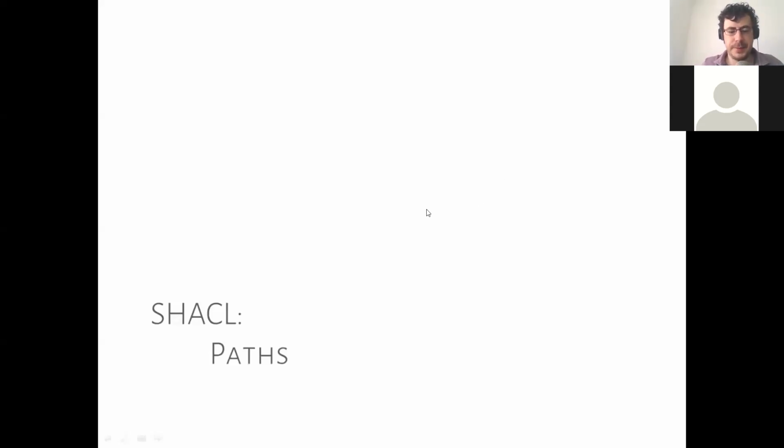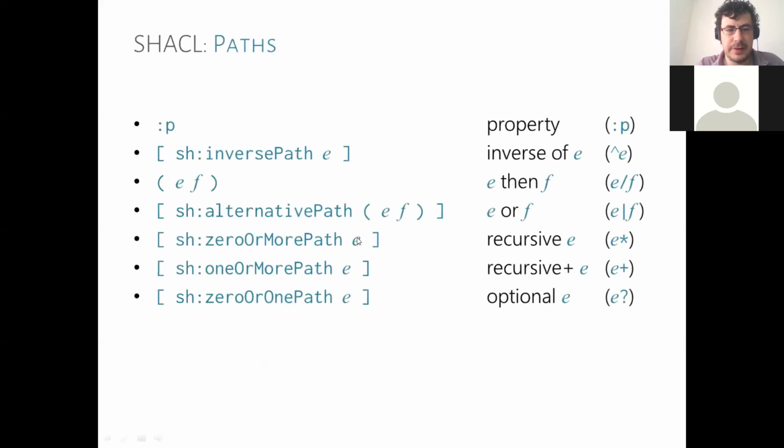Okay, so the next feature we have in SHACL, after targets, we have paths. In the example so far, we've seen a direct property used on the path, but we can also specify property paths from SPARQL to be able to validate not just values directly on properties, but also things that are connected from the current node, the current shape, via a path.